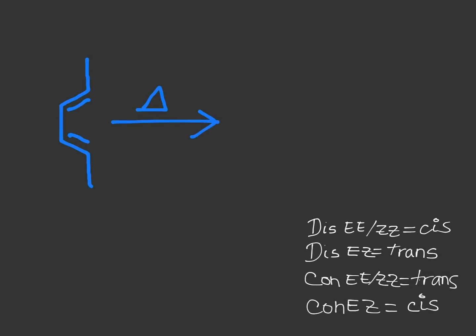This question says, what product would form when 2E,4E-hexa-2,4-diene undergoes a thermal electrocyclic reaction? We can see that this one has an even number of pi bonds, and it is in the ground state because we are using heat.